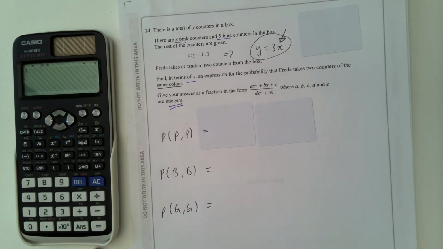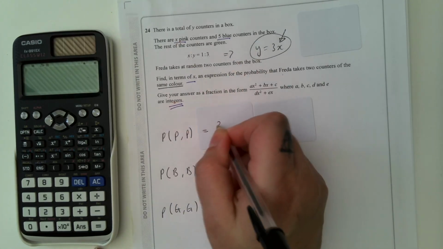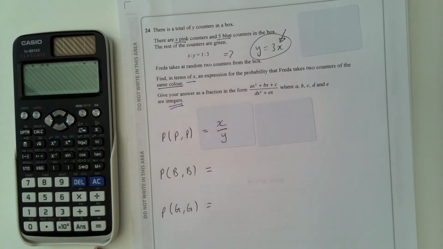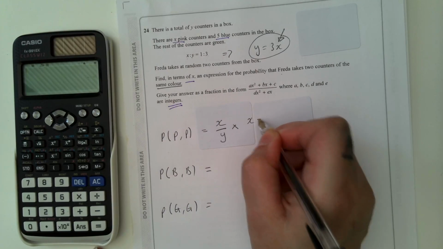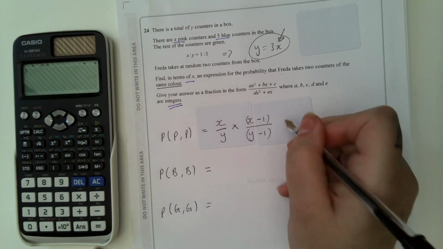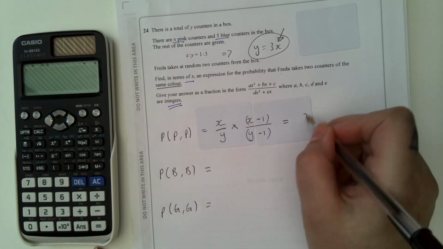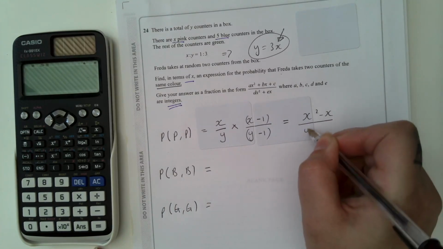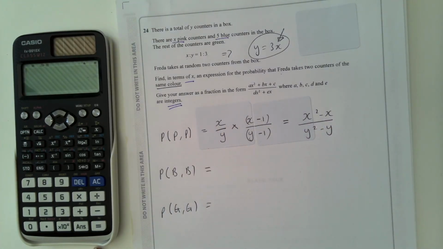The first time she picks a pink counter, we've got x possible outcomes out of y in total. The second time she picks pink, we've got 1 less pink and 1 less in total. So our probability of picking pink and then pink is x squared minus x over y squared minus y. I've multiplied the numerators and the denominators.